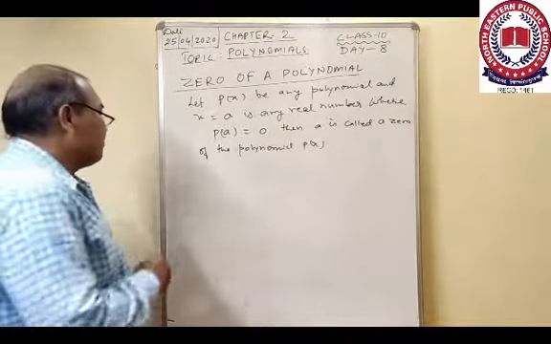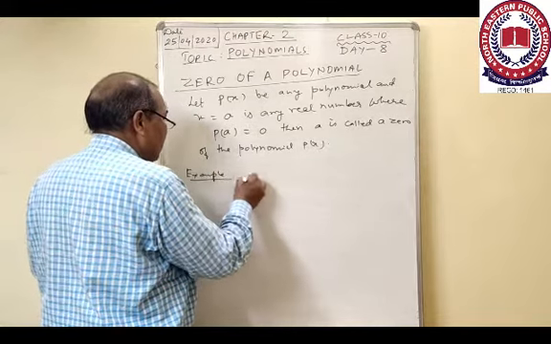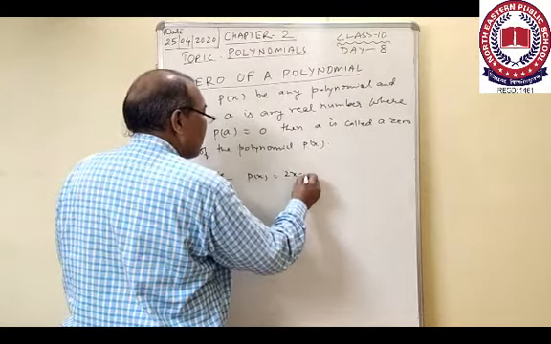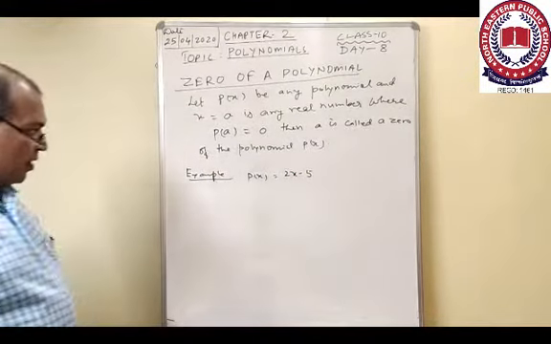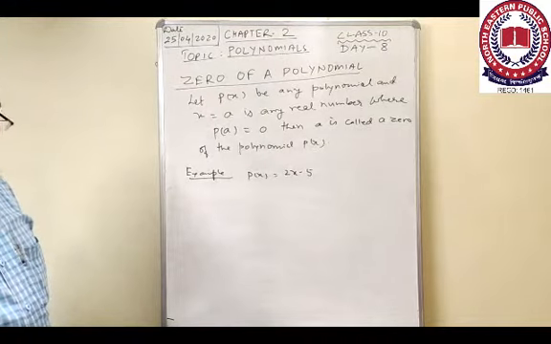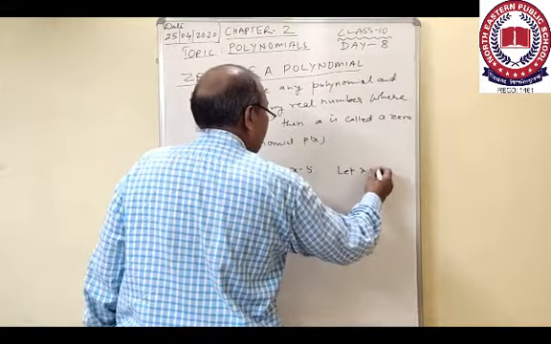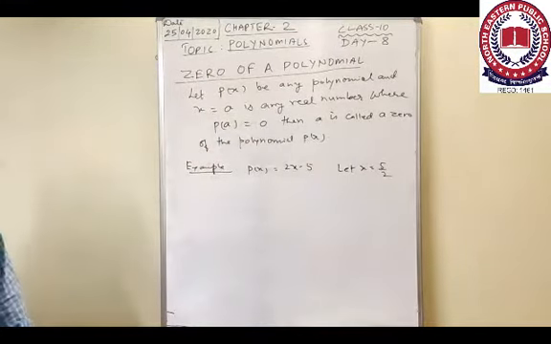For example, P of x is equal to 2x minus 5, and let x be the real number 5 by 2.